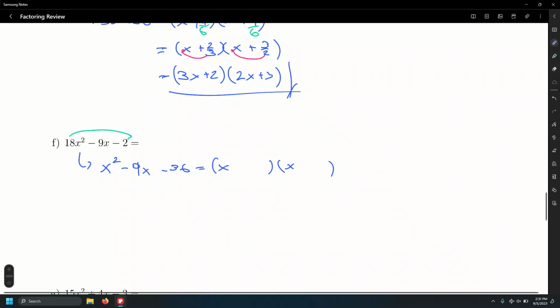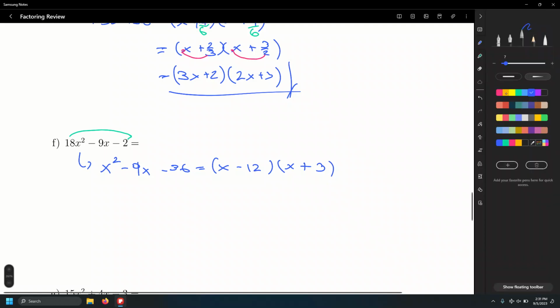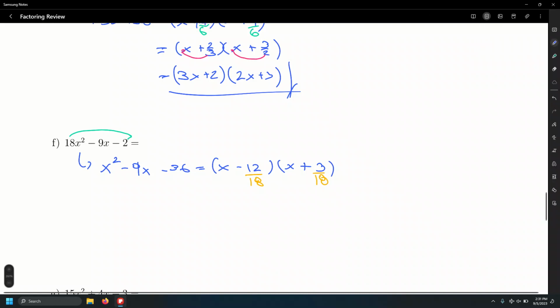Wasn't that 3 and 12 somehow? 12 and 3, minus 12 plus 3, right? And then, in this case, we had to multiply by 18. How about we undo that by dividing by 18? Well, in this case, both fractions need to be reduced to lowest terms. If we don't reduce to lowest terms, the result is going to be different.